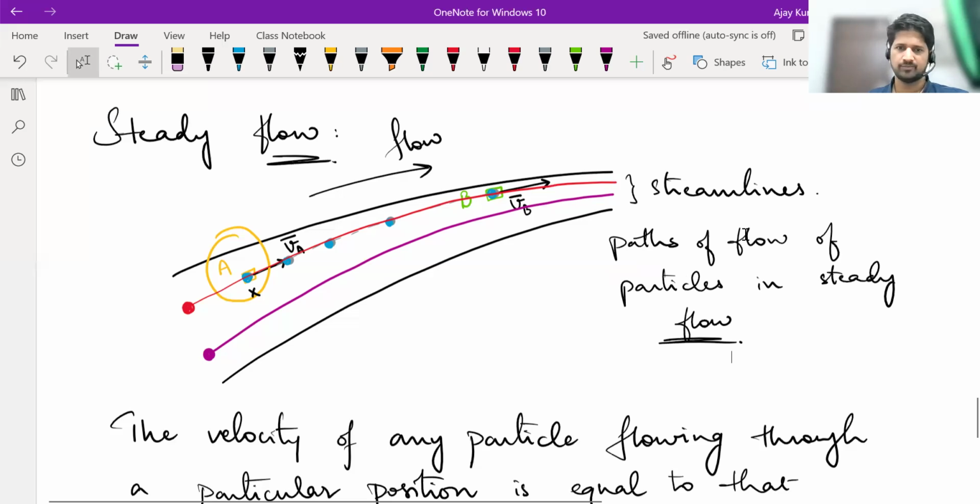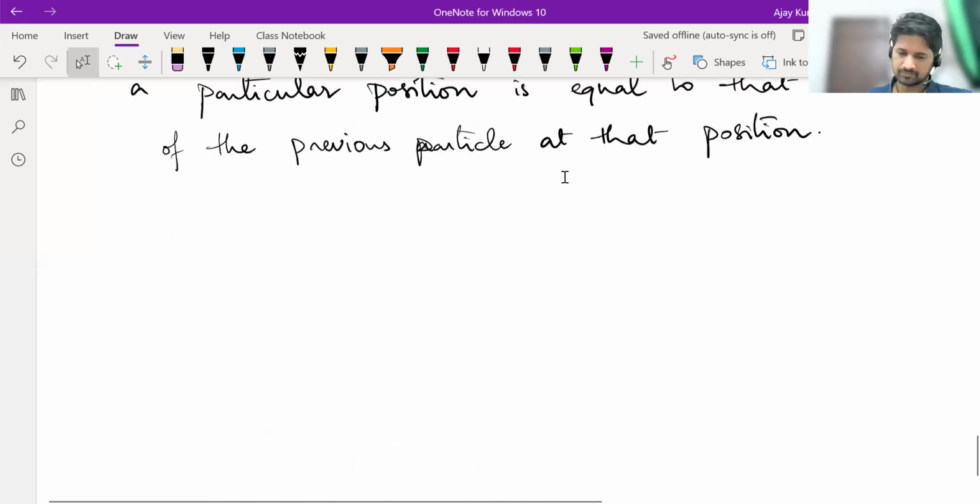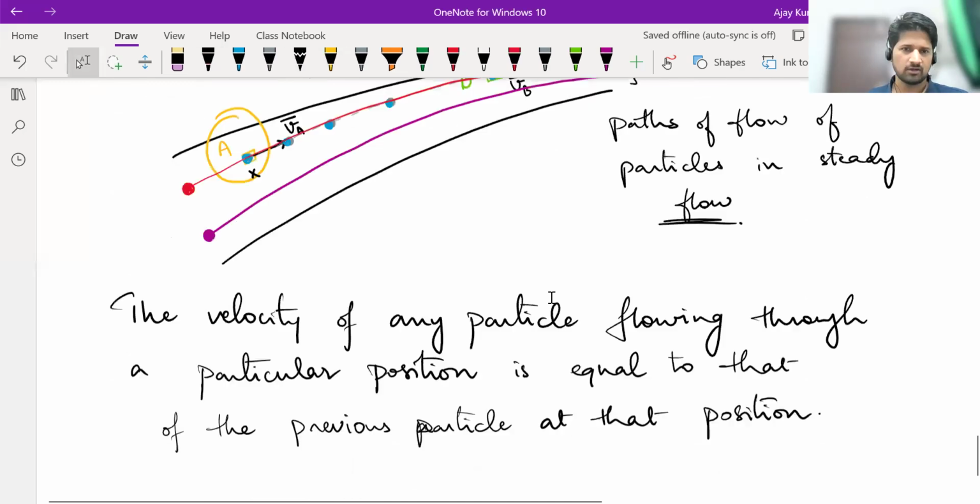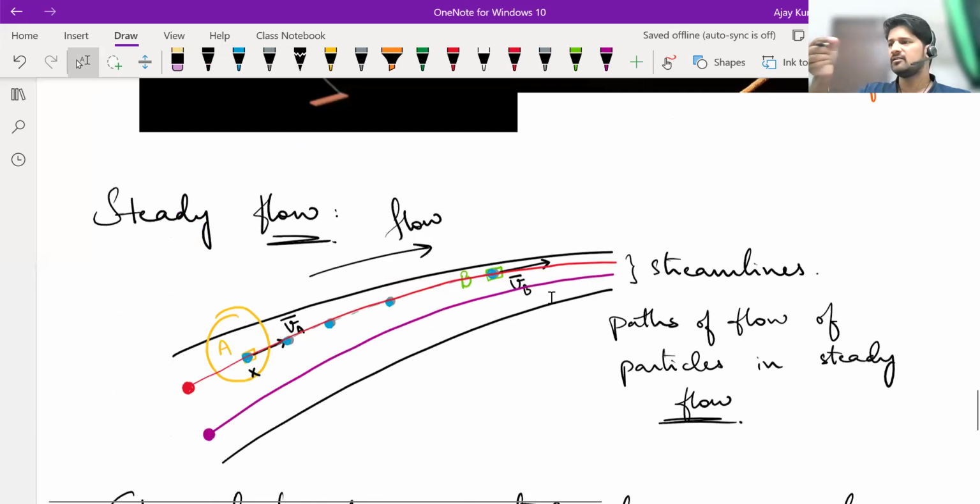They are one and the same. Okay. Now tell me, from your understanding of streamlines, how do we draw a streamline? You trace the path followed by one particle, that becomes a streamline. You trace the path followed by another particle, that becomes another streamline. And every particle starting from a particular position will follow the same streamline.